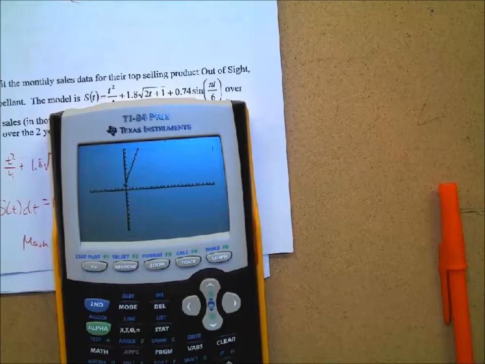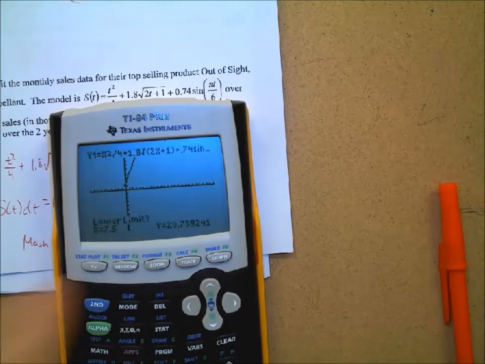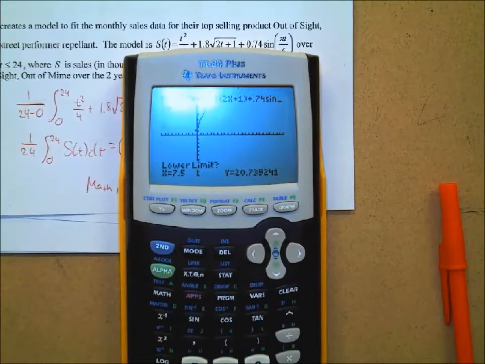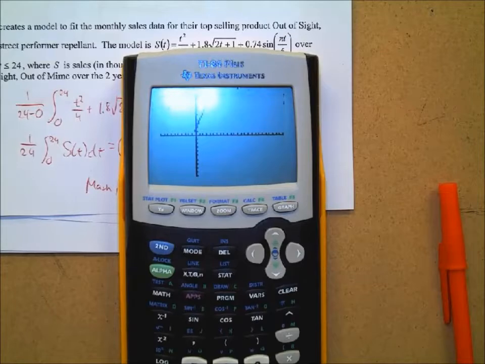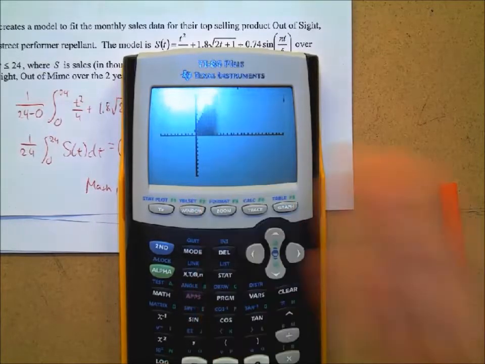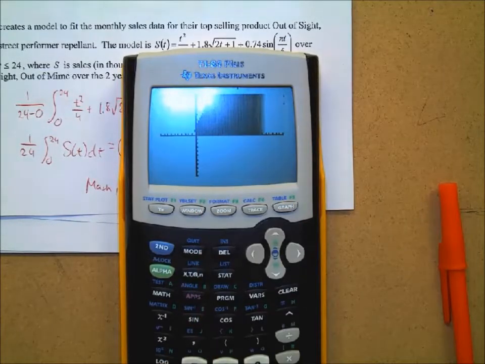You've got to graph first before you can do anything. And then notice it's asking, what is the lower limit? The lower limit is 0 for our case. The upper limit is 24. And you can actually see it find the area under the curve. Again, that number you then multiply by 1/24 or divide by 24.